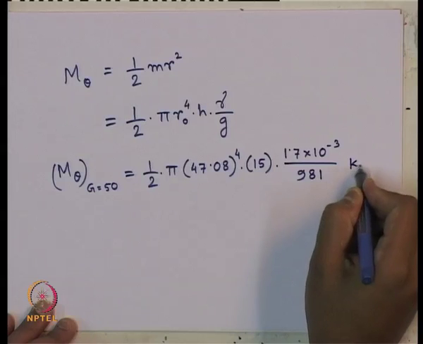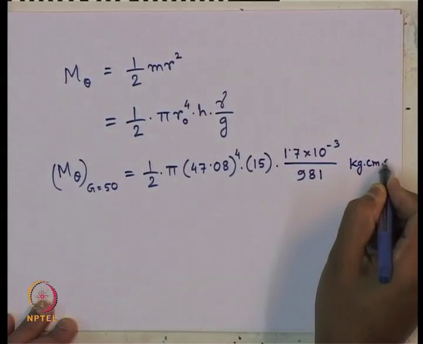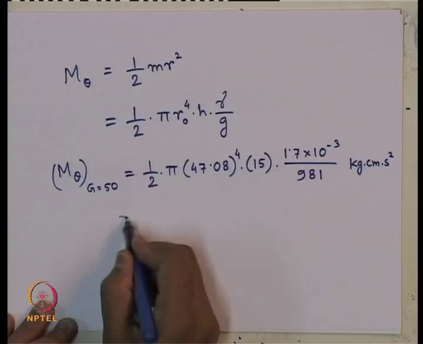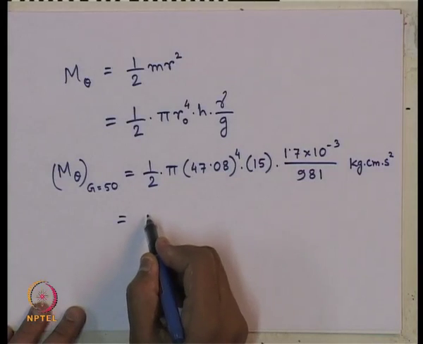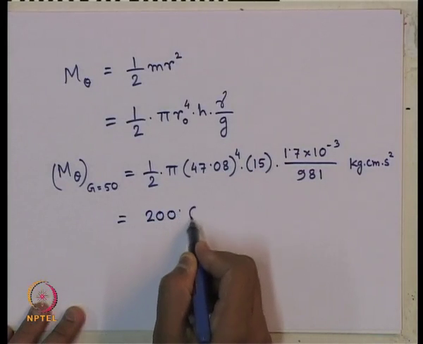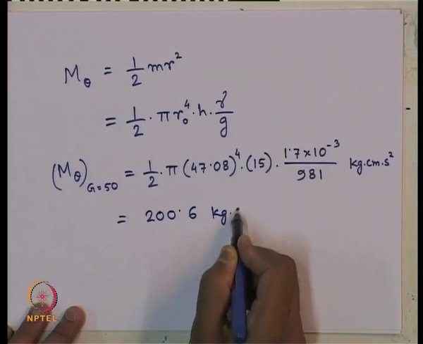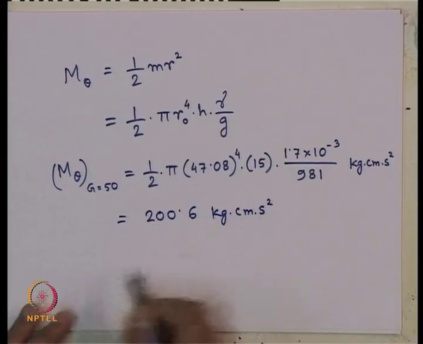The unit will again be kg centimeter second square. Now, let us calculate this. How much is it coming? 200.6 kg centimeter second square.